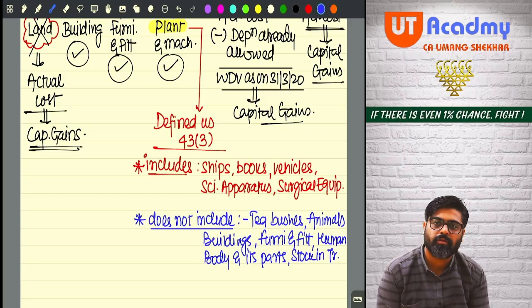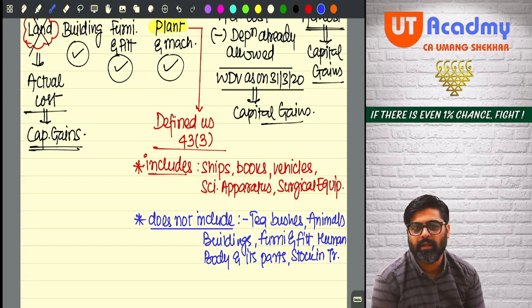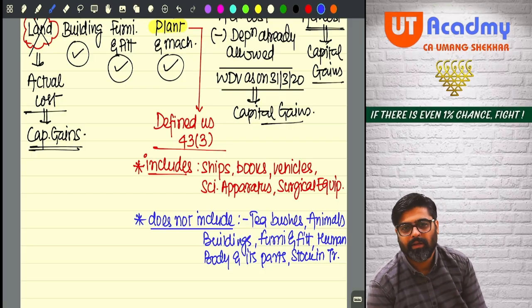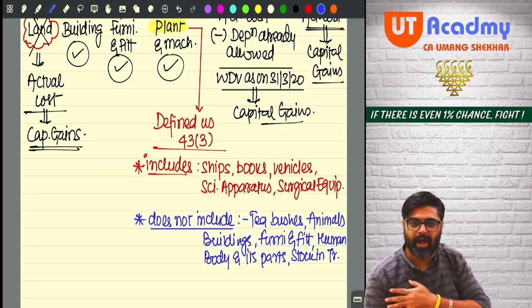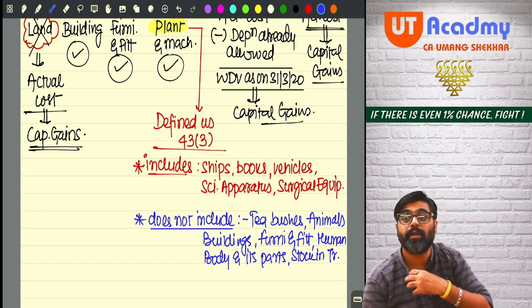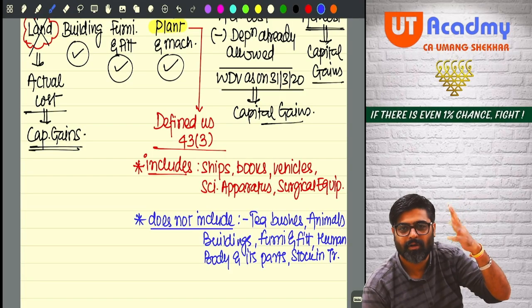Are these your assets? First of all, many of them are living things, like the human body and its parts: hands, brain, heart. They are not a plant.